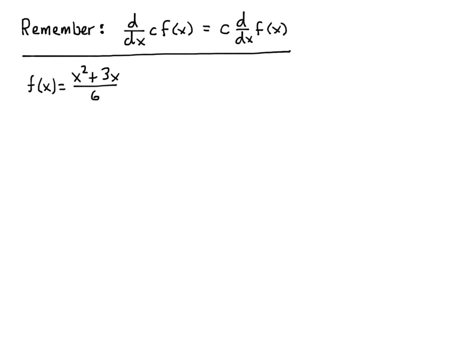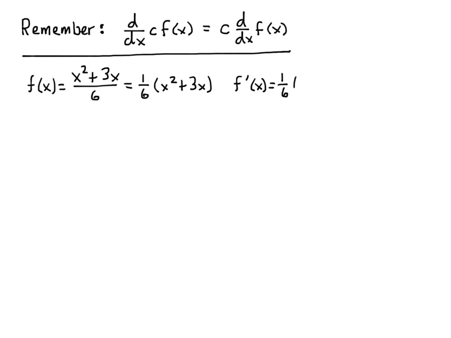But anyway, this one, don't use the quotient rule on that. That's overkill, right? Because you don't really have anything that has a substantial derivative on the denominator. The derivative of 6 is 0. So you're going to overcomplicate things. If you rewrite this by factoring out the 1/6, now you have a polynomial that you can take the derivative of and just keep that 1/6 going along.